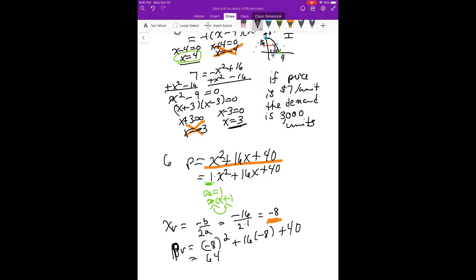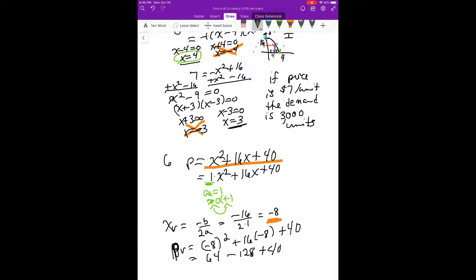So I have negative 8 quantity squared plus 16 times negative 8 plus 40. All right, so this is going to be 64. And 16 times negative 8, I need a calculator for. I could do it on paper, but I just want to get it done quickly. So let's see. That's 16 times 8 equals 128, and there's a negative, so I got to say minus 128 plus 40. Okay.